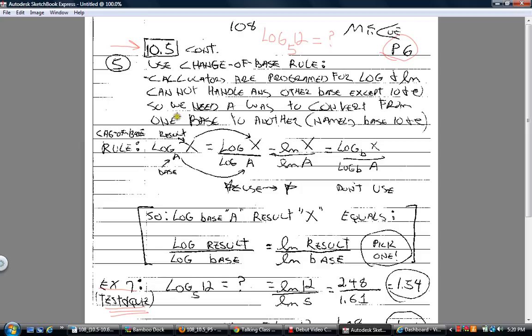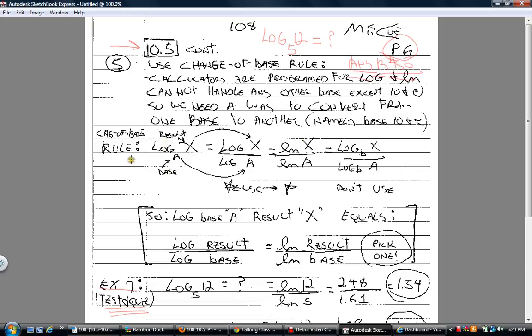You take something that used to be tough and learn how to convert it with the change of base rule, punch numbers into the calculator, and you have a choice between using log or natural logs.